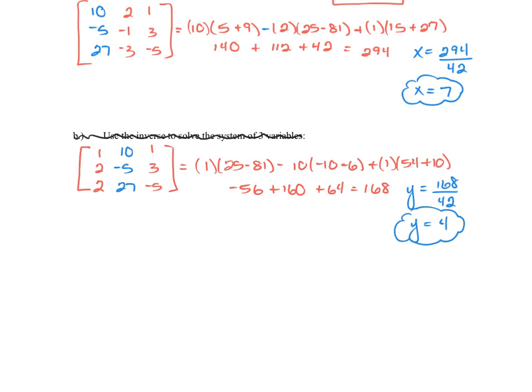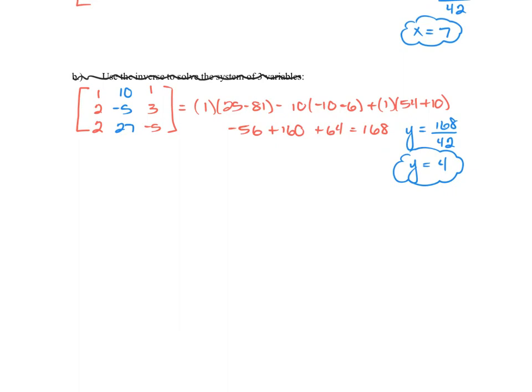One more time, I can repeat this process. This time I'm going to replace the last column. So I'll still have the 1, 2, 2. I'll still have the 2, -1, -3. And now it's the last column that becomes those constants, 10, -5, 27. Now keep in mind, we don't actually have to go through this process. Once you know x and y, you could go back to the beginning and plug them in, but I do want to write this out for you so that you can see what it would look like.